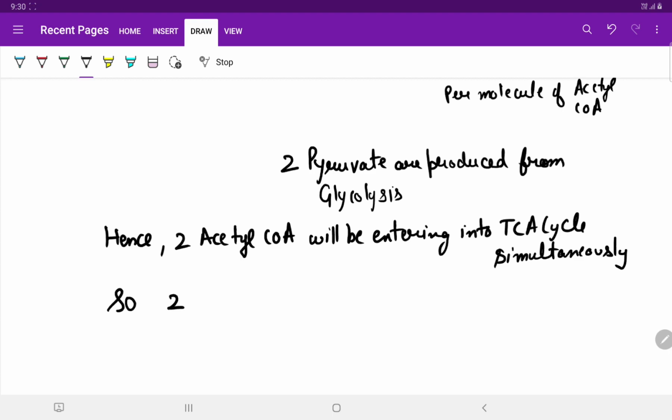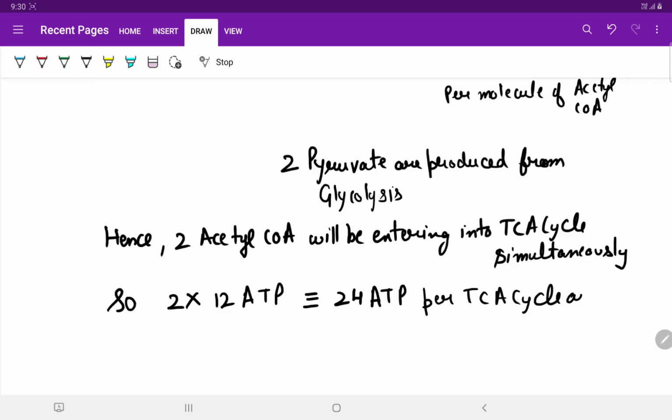So 2 multiplied by 12 ATP, that is equivalent to 24 ATP per TCA cycle are produced, or we can say per molecule of glucose are produced.